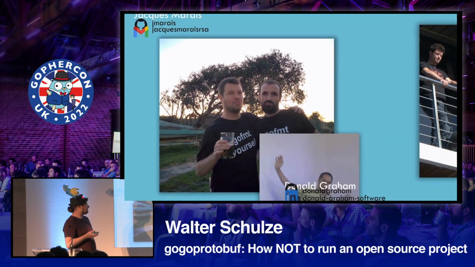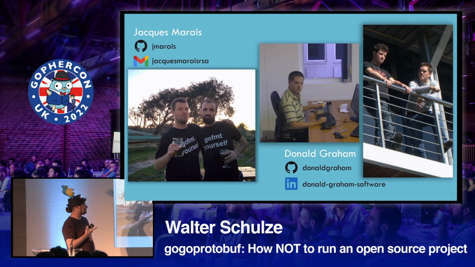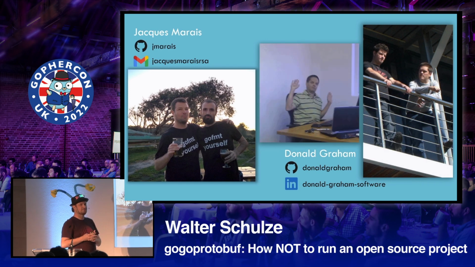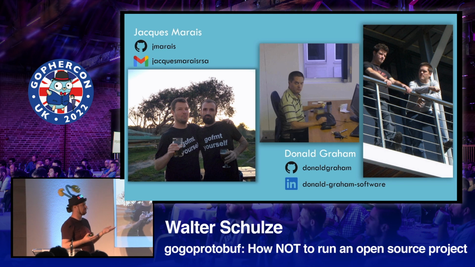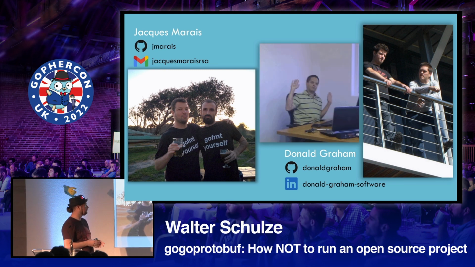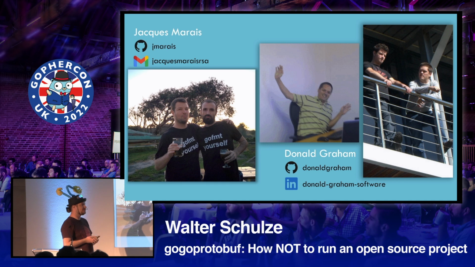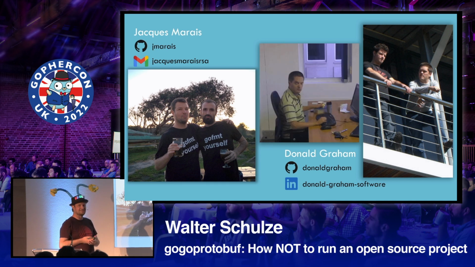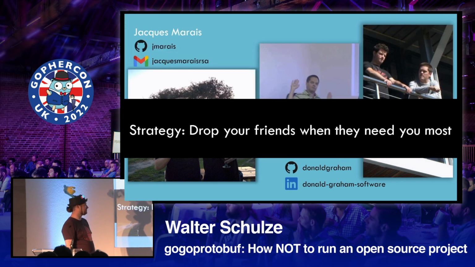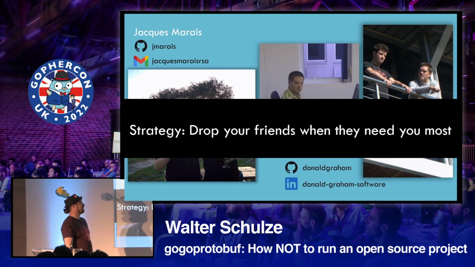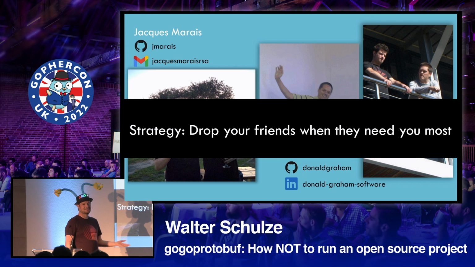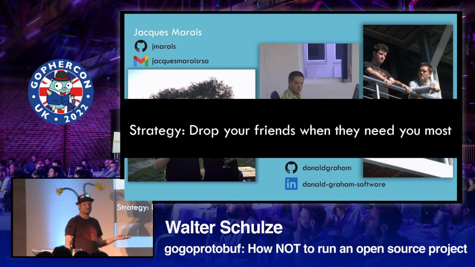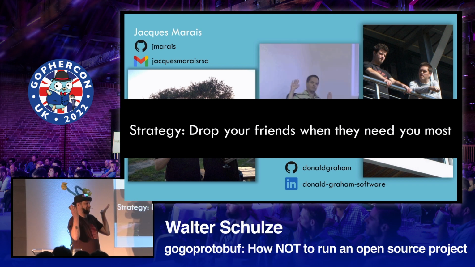I want to thank Jacques Marais and Donald Graham, because they really stepped up when I needed them most and did some really special work for me and the gogoprotobuf users out there. They stepped up to maintain the project, but little did they know what they were getting themselves into, because I didn't have any time to do handover, so I was dropping my friends when I needed them most, and I left them with over 100 open issues to figure out.